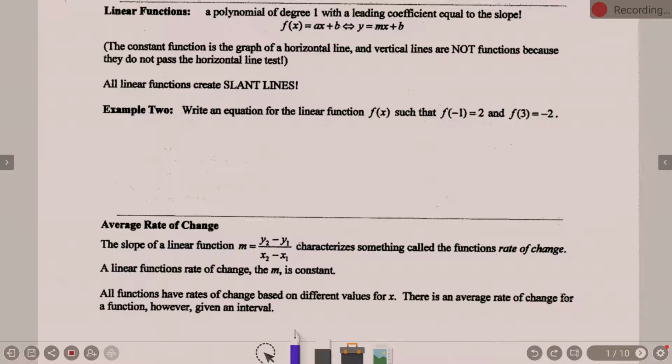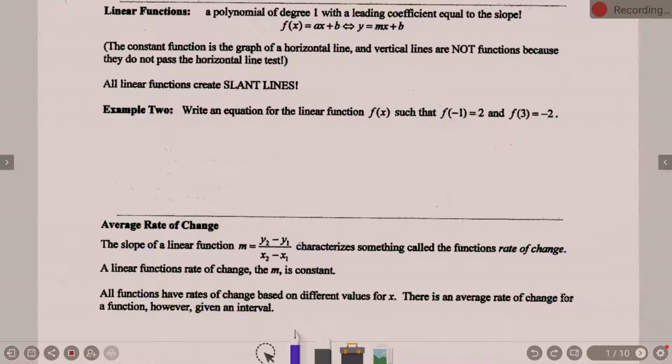While we're talking here, the constant function. So the constant function that we mentioned up above, that's y equals a number, is the graph of a horizontal line.